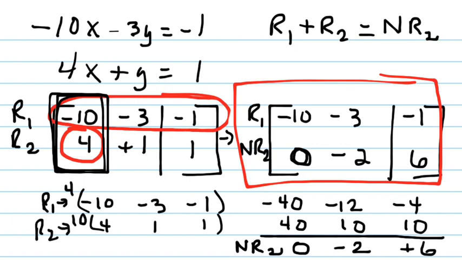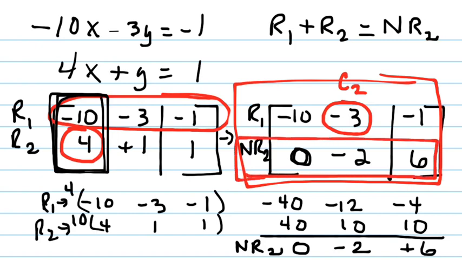So now what I need is a new row 1, because I need to get a 0 right there, right? Since that's the second column, that means I'll be using this second row, or new row 2, to get it, right? Working in the second column means you're going to be using the second row. All right. So I need to eliminate right here.